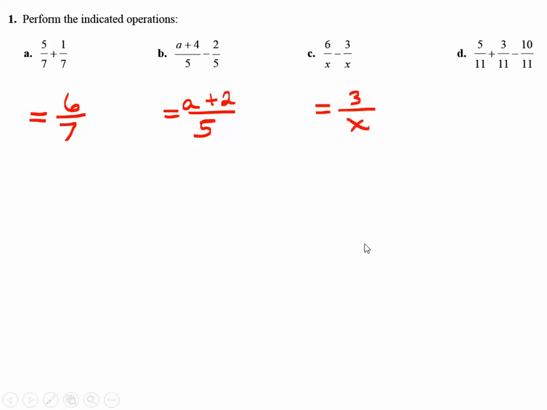There it is. So add or subtract only numerators here. Common denominator is 11 for D, and then let's see, 5 plus 3 is 8. 8 plus 10 is 18. No, subtraction. Okay, so it's 8 subtract 10 and minus 2. I'm trying to trick you. Good trick.